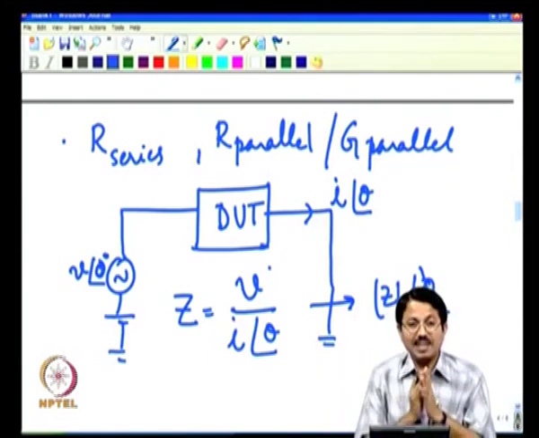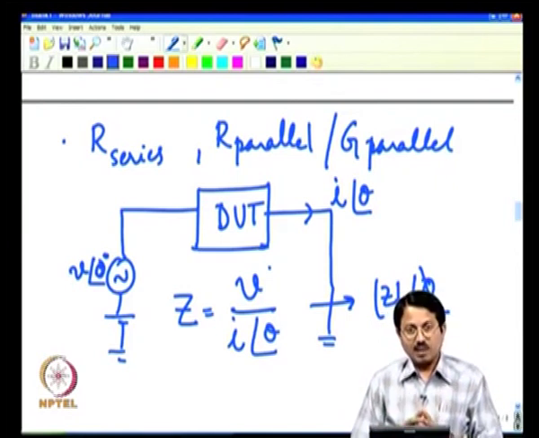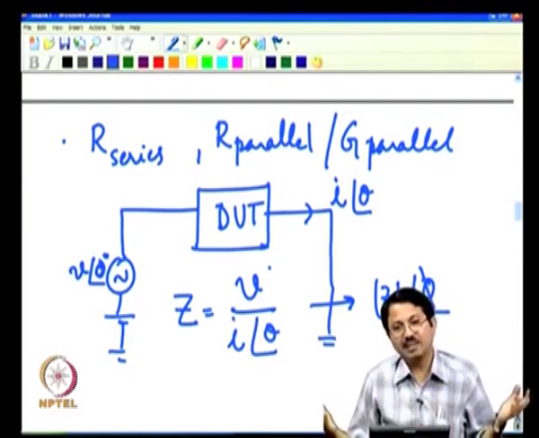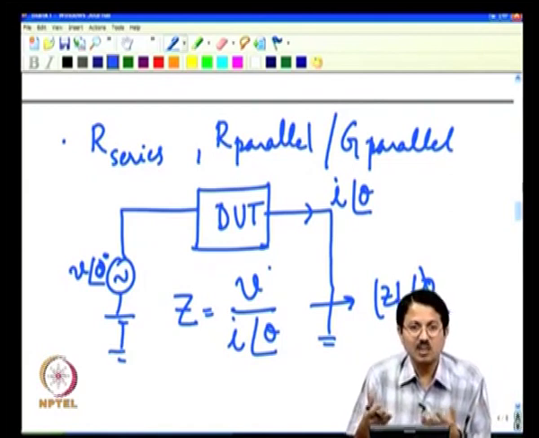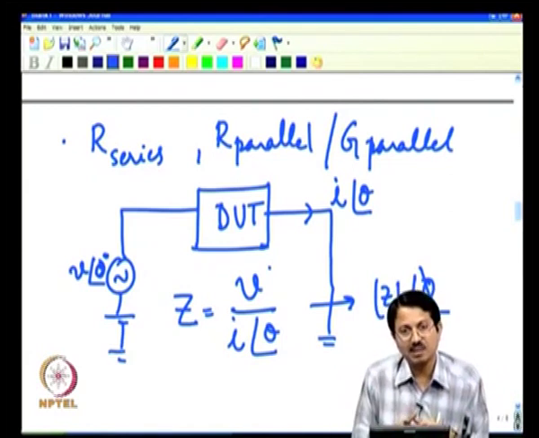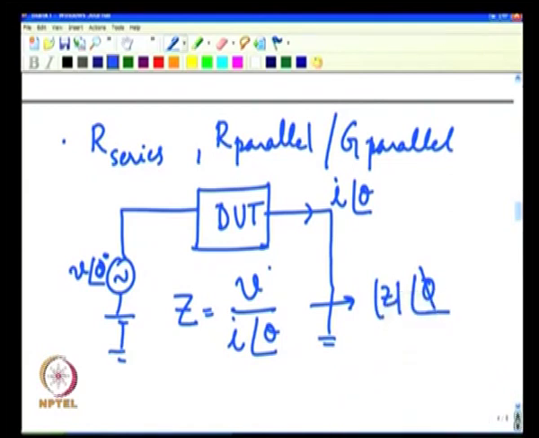Now, if it is an ideal capacitance, no issue, because the angle will be 90 degrees, and whatever magnitude you have, its impedance is 1 over j omega C. Your equipment has some routines and will spit out a capacitance value for you.